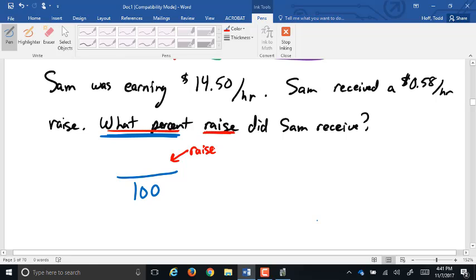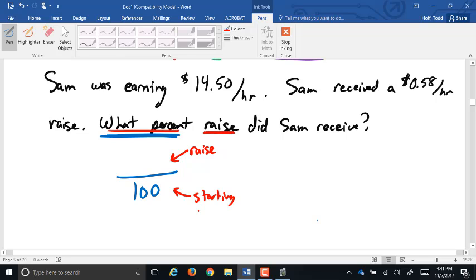So the percent is representing the raise. The 100, we said, always represents either the whole thing or the starting amount. In this case, since it's a change, that represents the starting amount. What would the starting amount be here?